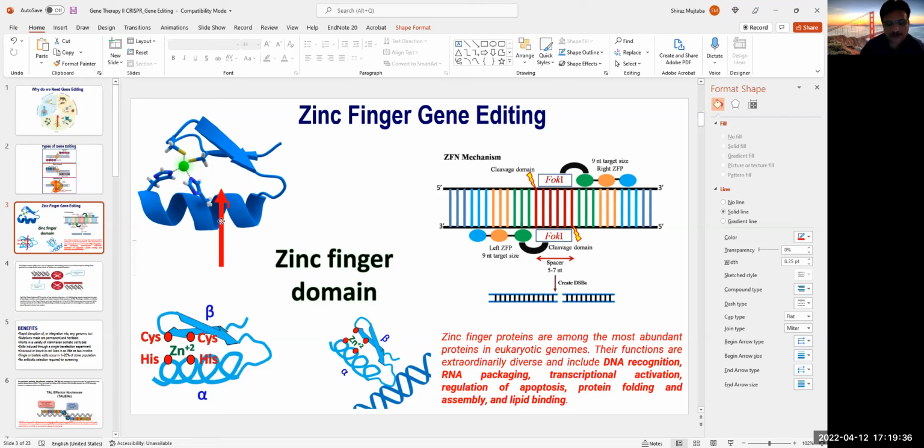And what scientists have done, this specific major groove binding protein has been fused to the nuclease FokI. FokI is a nuclease. So this alpha helix goes and inserts itself in the major groove of the DNA, and then this nuclease goes and makes a double strand break in the DNA.